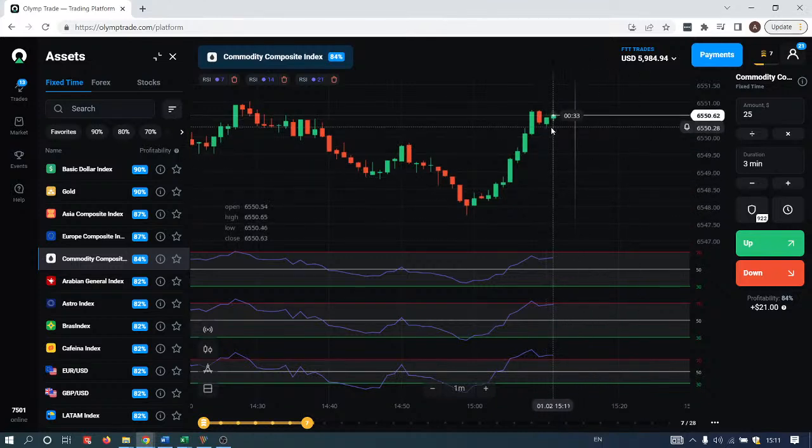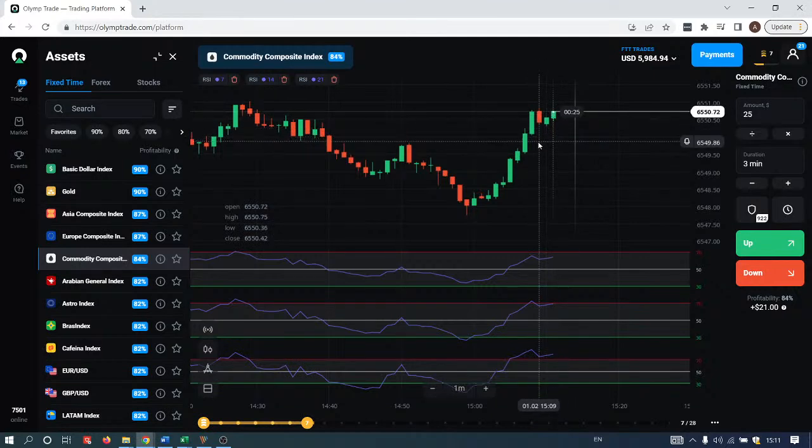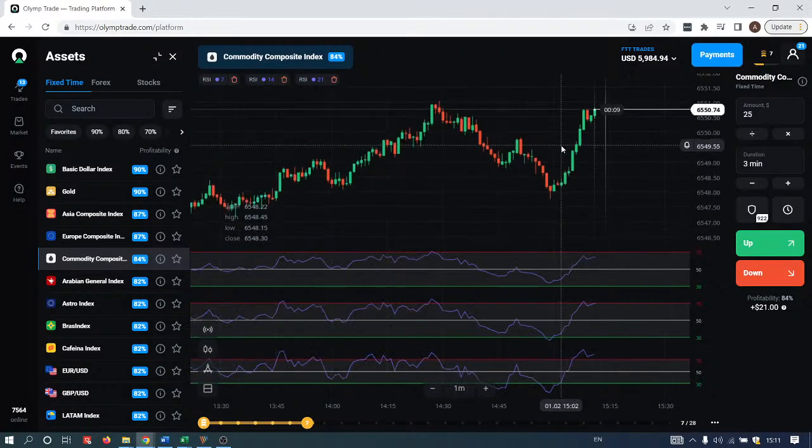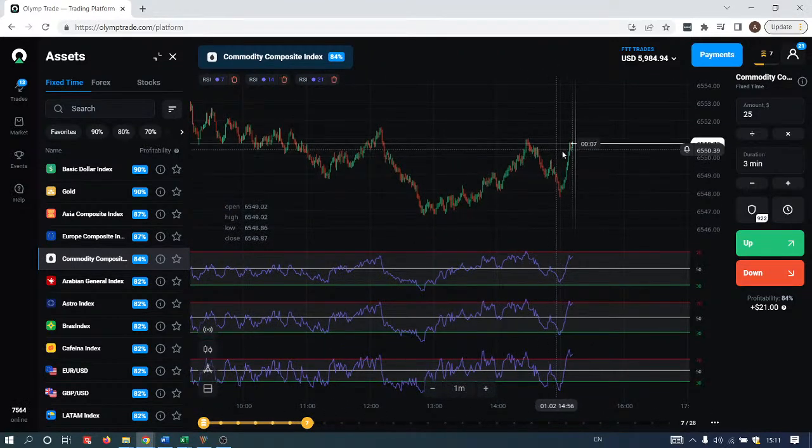We do have signals, but it's not like with Martingale, for example, where you can have a continuous signal and for 10 minutes straight you could be opening trades every minute, every 10 seconds, every 15 seconds, more and more. In this strategy it's a little different, and you've got to wait for your next signal.